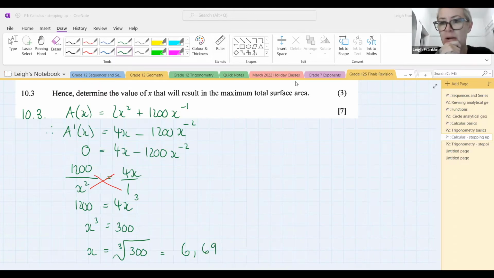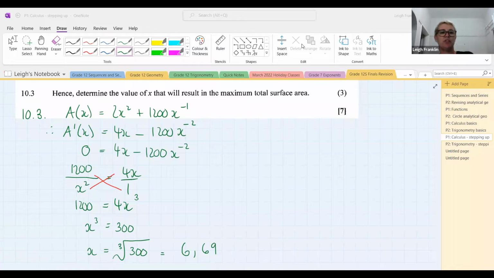So division by variables is not allowed, and we've got to think of an alternative strategy. Taking that term over to the other side and writing the variable in the denominator with a positive exponent is the best way to do it, because then you're not losing a solution, and you're not dividing by 0.